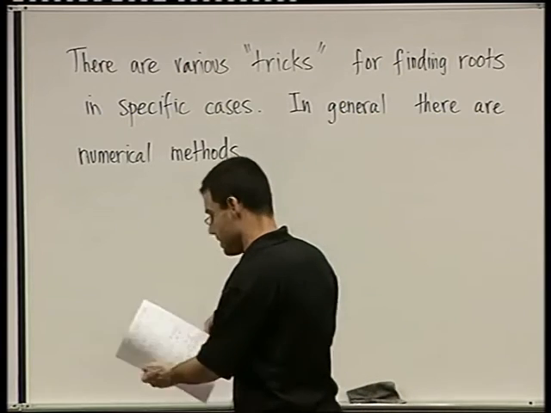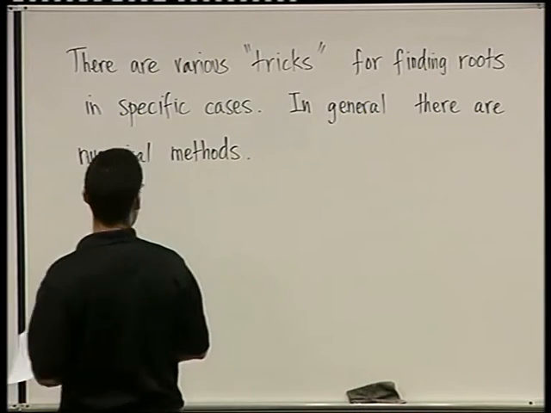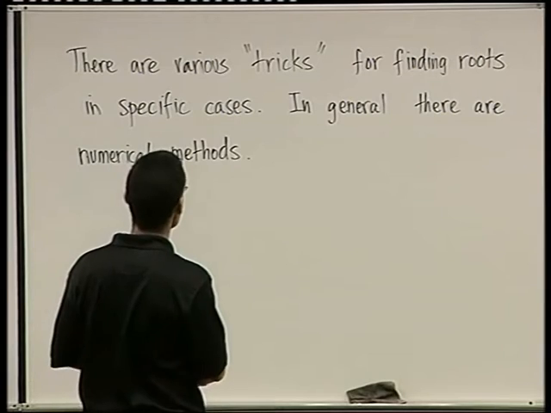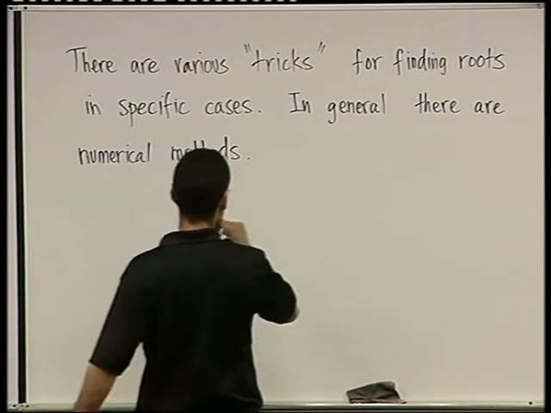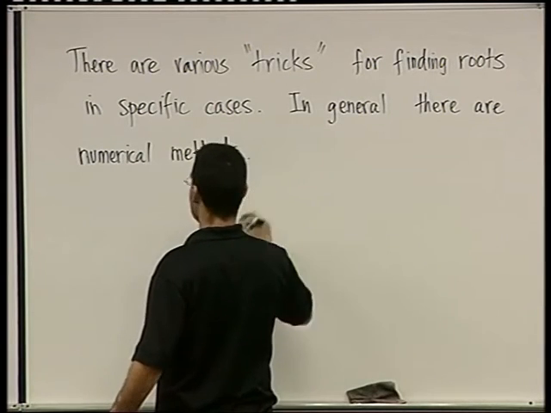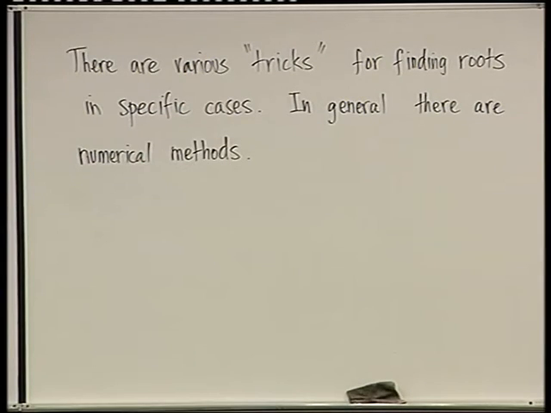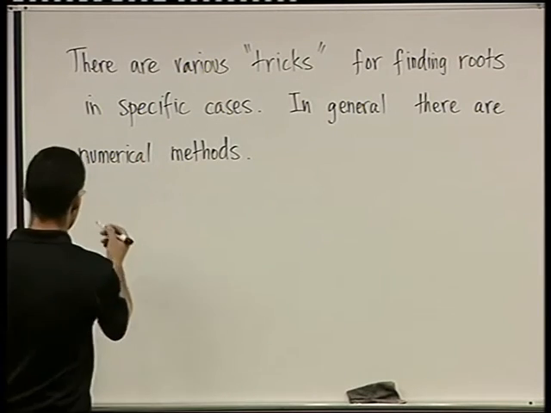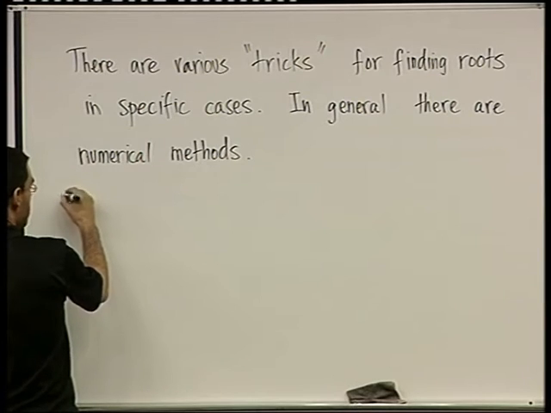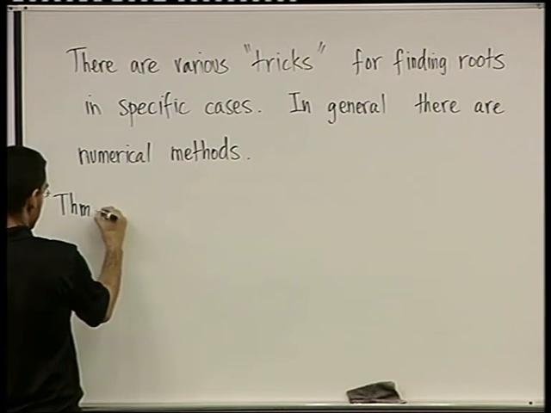So here are some of these tricks. I'm going to write them maybe as theorems, mention a few of them, and then do an example or two. But that's all. So some of these tricks, let's maybe call them theorems.